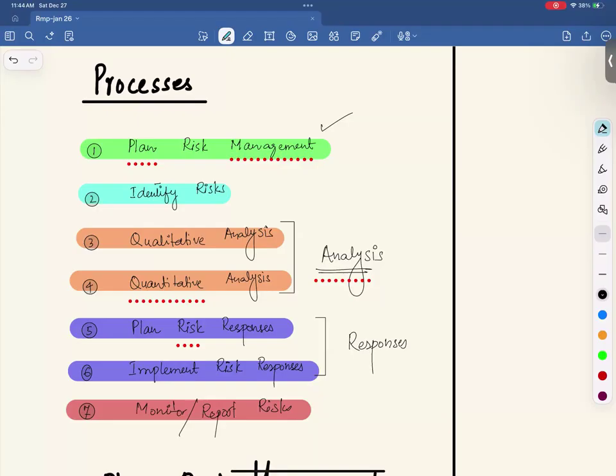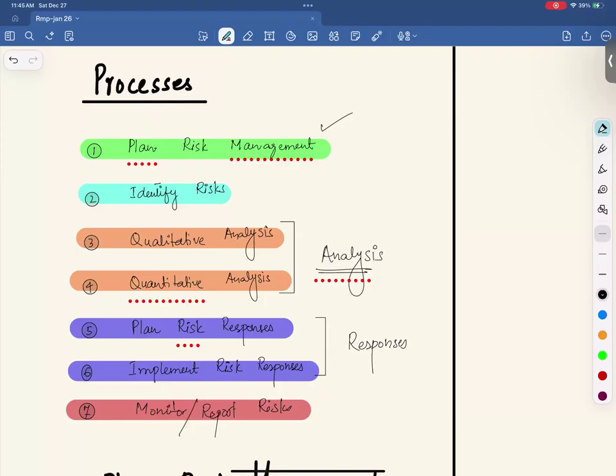Rifat, what do you mean by that? What is meant by this? It means that when you are going to implement some risk management plan, you need to know what will be the first action, the second action, and who will be involved in that plan or the risk management. So you need to know first how to prepare it, basically.